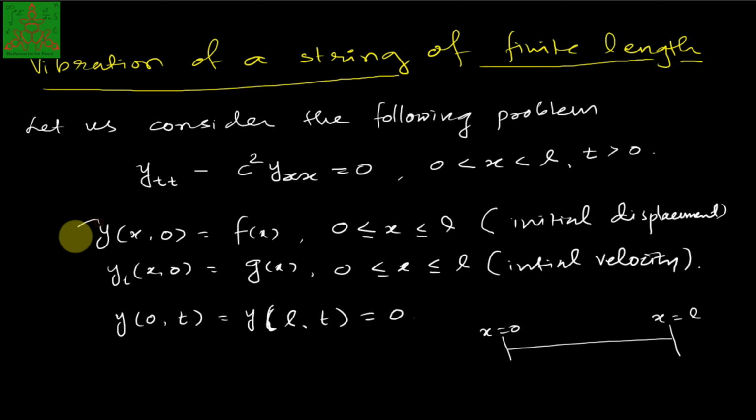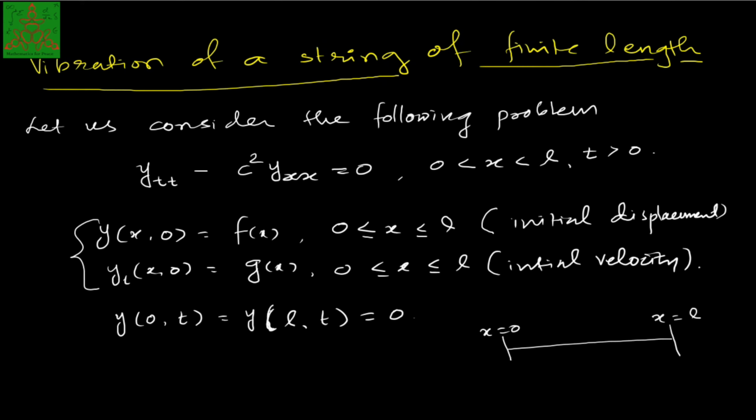These two are initial conditions, and we'll also consider boundary conditions, where at the end points, that means x equal to 0 and x equal to L, the displacement at any time is 0. So, considering this problem, we would like to solve it using the method of separation of variables.